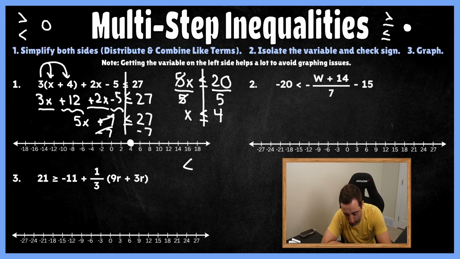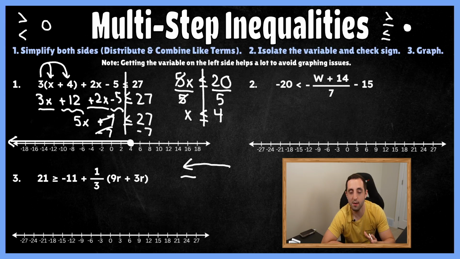So if I drew this out down here, it kind of looks like the tip of an arrow. So if I was to make this into an arrow, it's pointing to the left, meaning that we're going to draw a line going from our closed circle all the way down the number line to showcase all of the solutions that make this inequality true. So like if I pick, for example, -12, that's on that line.